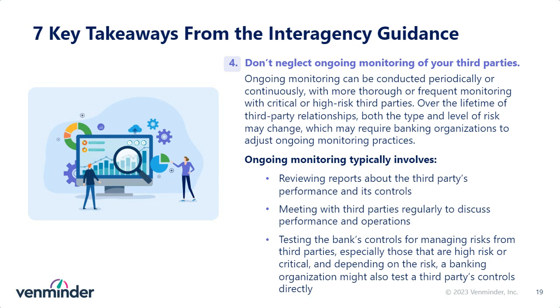It's not just looking at a report and talking about their performance internally. You've got to involve the third party. And then also testing the bank's controls for managing the risks of the third parties, right? Especially those that are high or critical. So monitoring can be done periodically or continuously depending on the risks involved and the type of product or service or business relationship that it is.